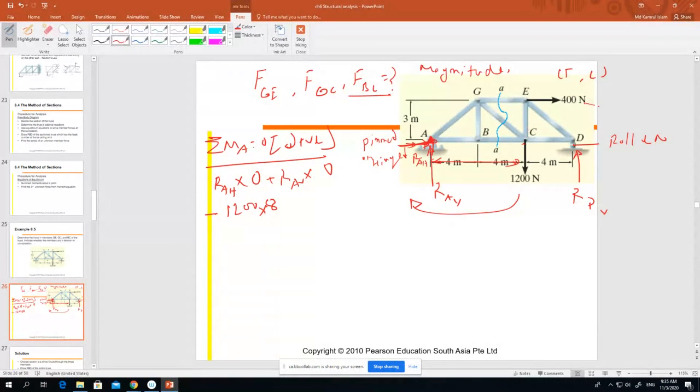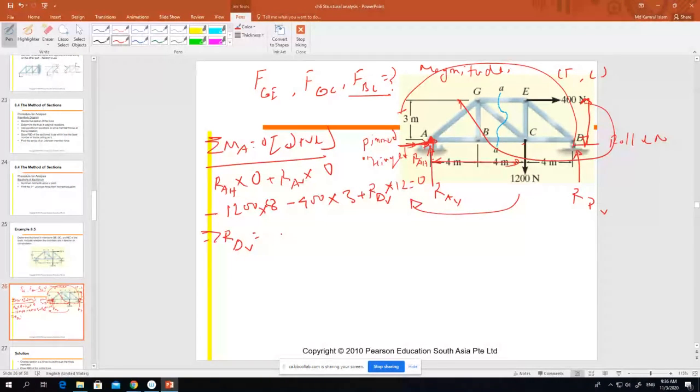Then 400, also clockwise, so minus 400 into distance 3 meters, right? And we have RB, which rotates anti-clockwise, so plus RB into distance 12, equal to 0, as there is no other force.